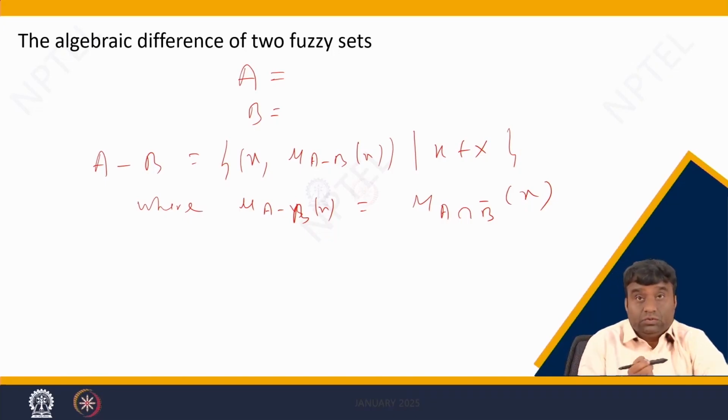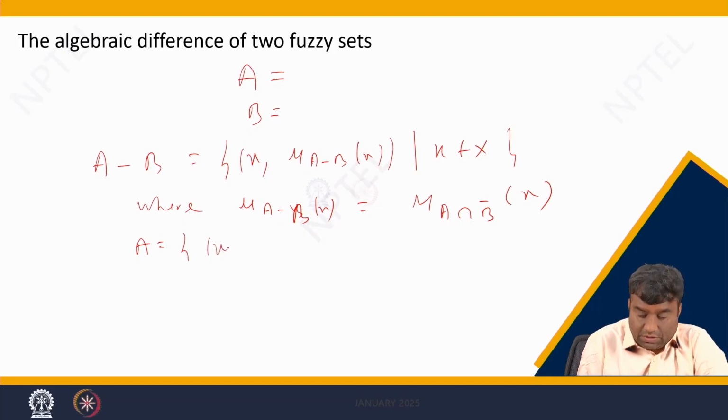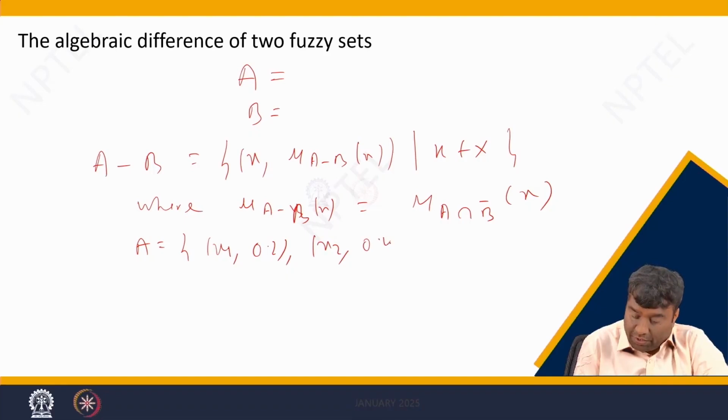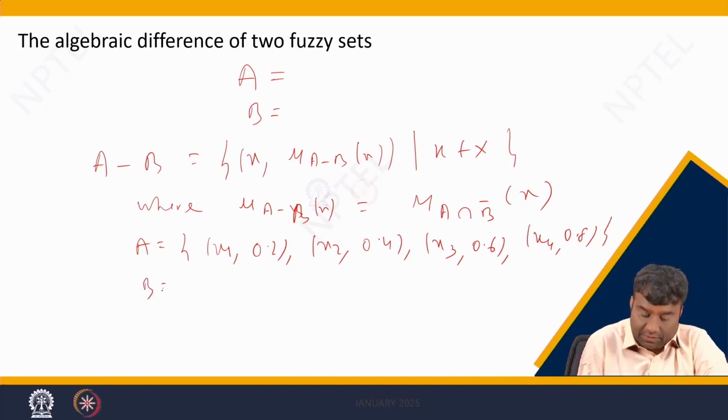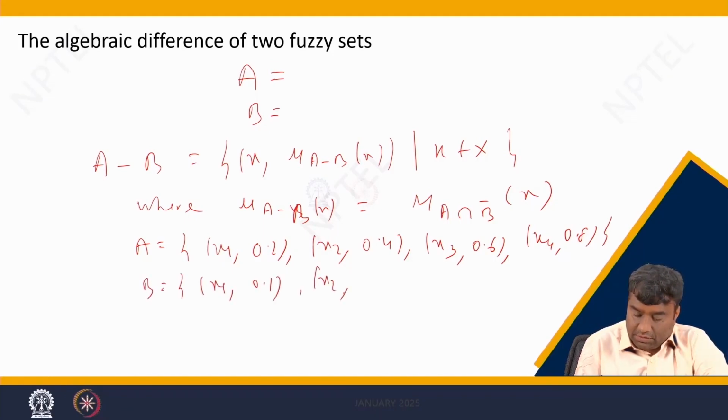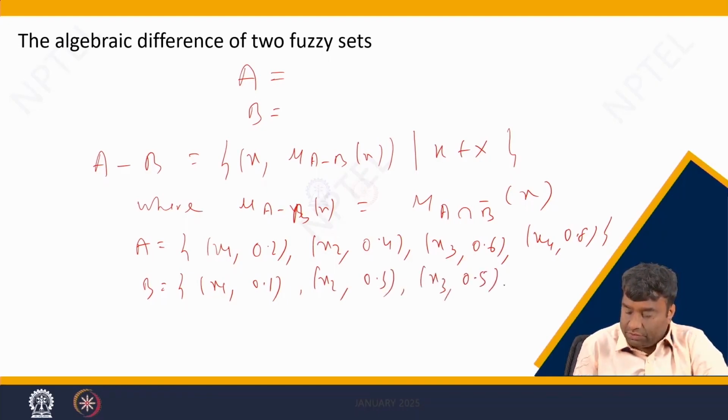So that is known as the algebraic difference of two fuzzy sets. Let's take one example. We are taking the same set A, which is x1 0.2, x2 0.4, x3 0.6, x4 0.8. B we can take as x1 0.1, x2 0.3, x3 0.5, x4 0.7.